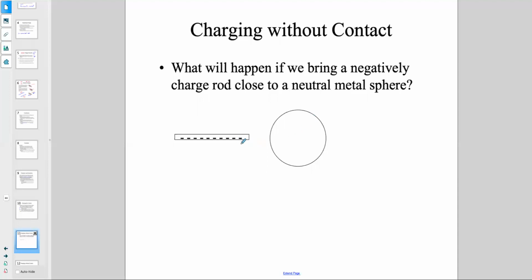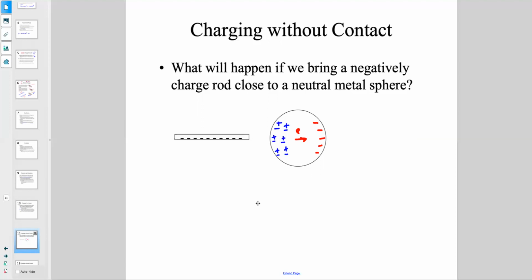So what happens is that the electrons in this rod will repel the electrons in one side of this metal sphere. So these electrons will be pushed over there, okay? So you have these electrons right there.